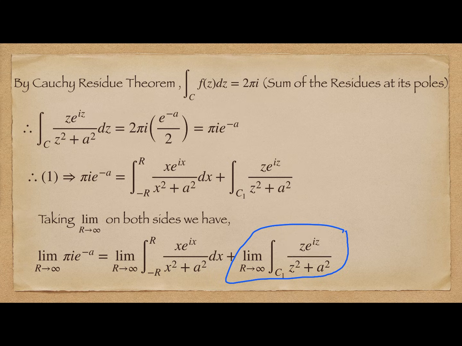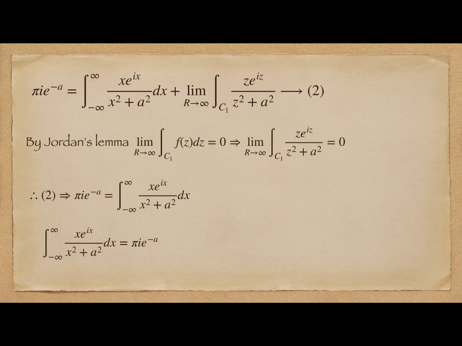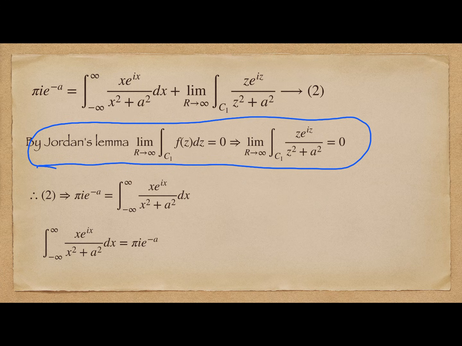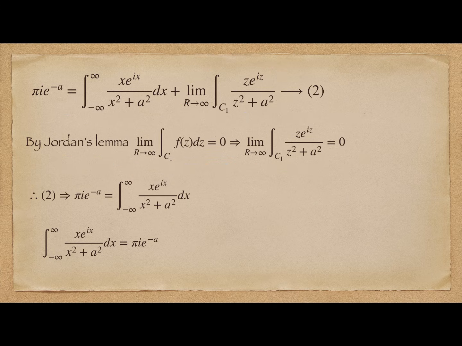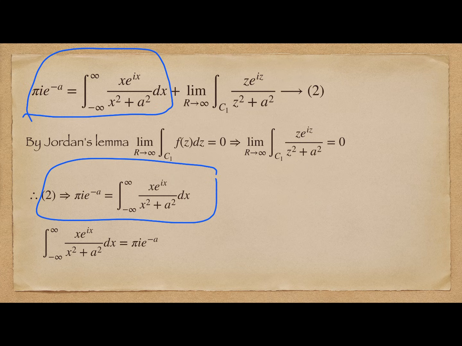That means it becomes 0 by Jordan's lemma. So this term is getting nullified. When you substitute that as 0, you will be seeing only these terms which have been written here.